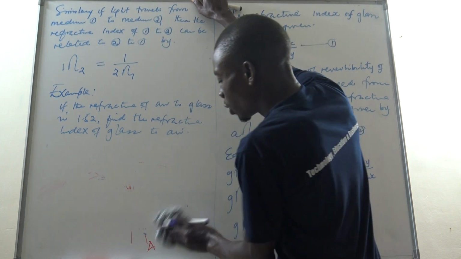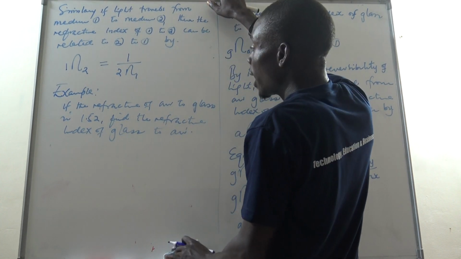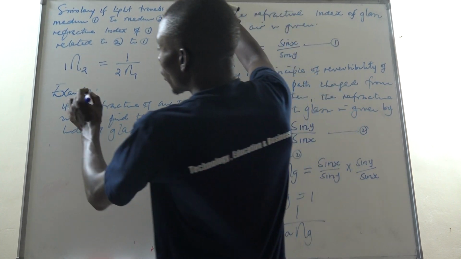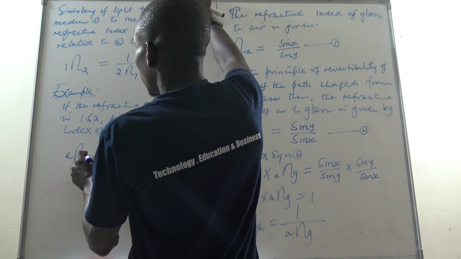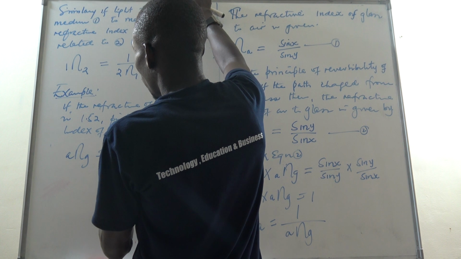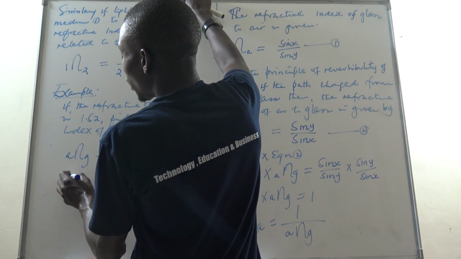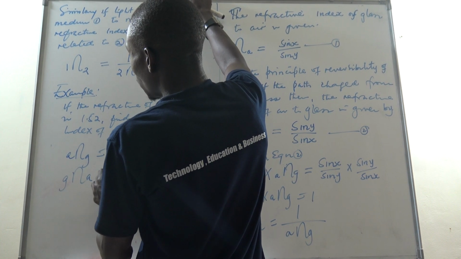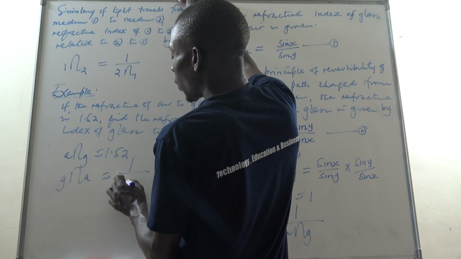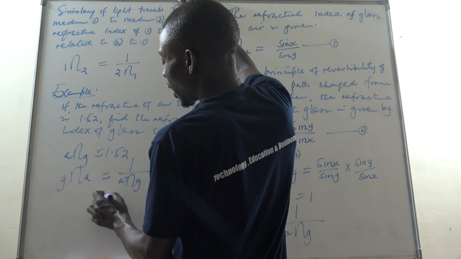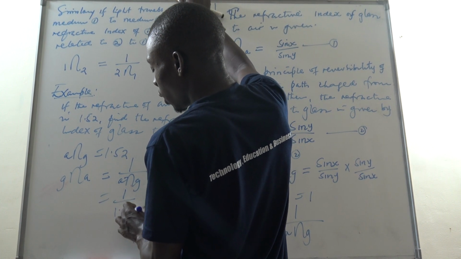Okay? So if we have that the refractive index of air to glass is 1.52, what about from glass to air? We say this will be the reciprocal of the other one, that is 1 out of 1.52.